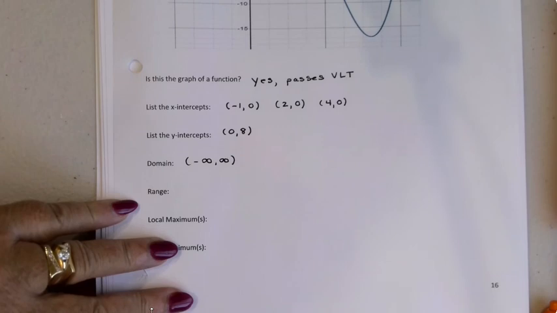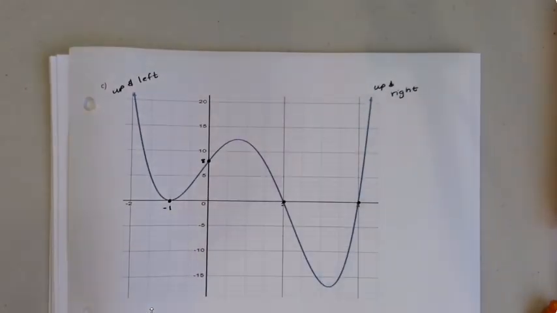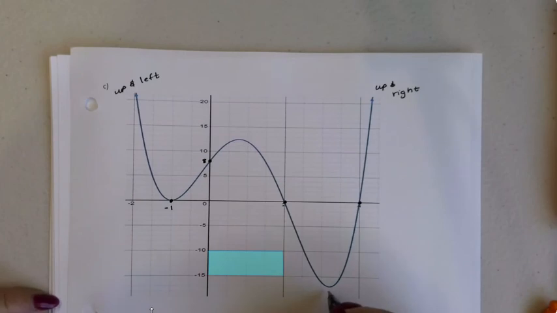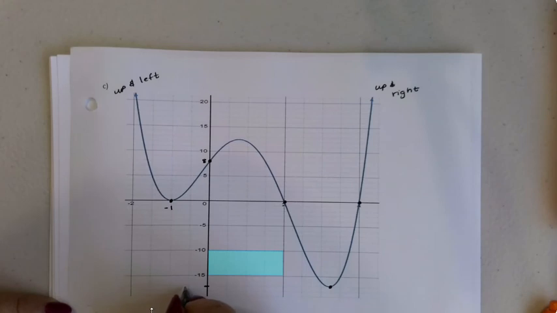But what about the range? It does go up forever, but it doesn't go down forever. In fact, when I think about the output, the y values, there is a smallest y value on this graph. Looks like it's here at negative 17.